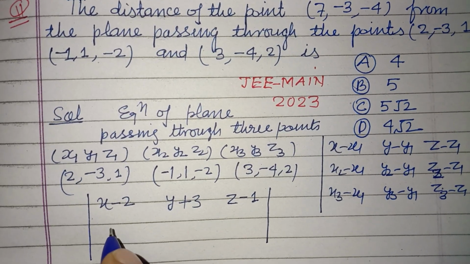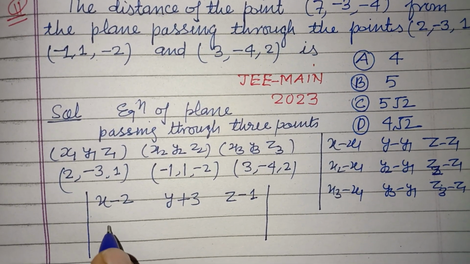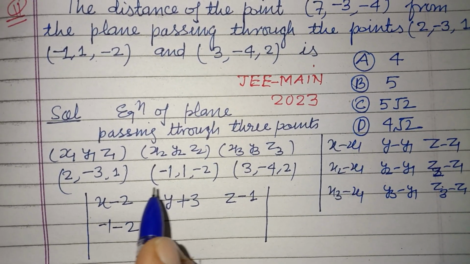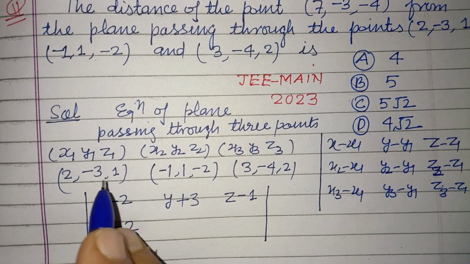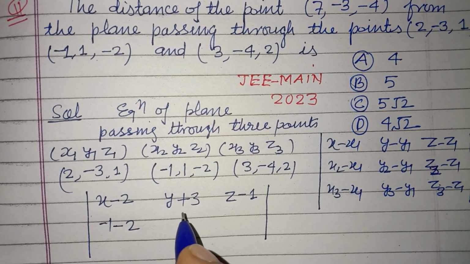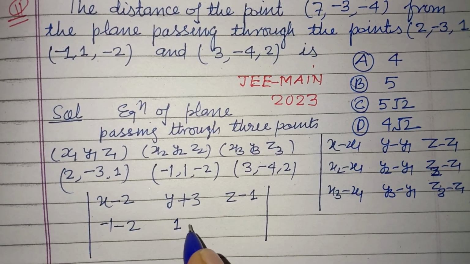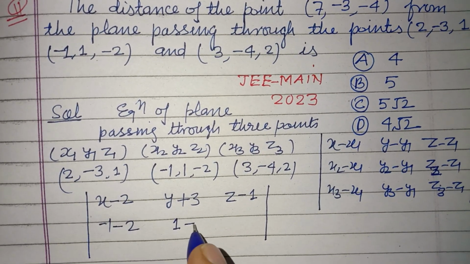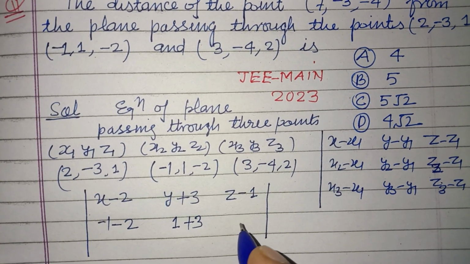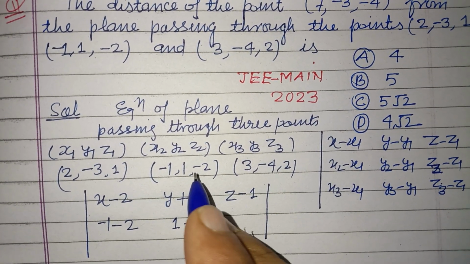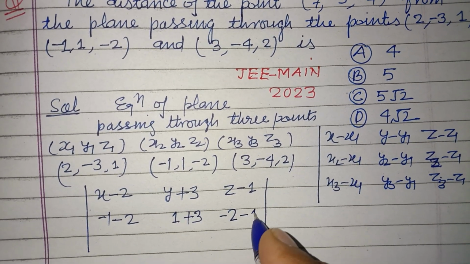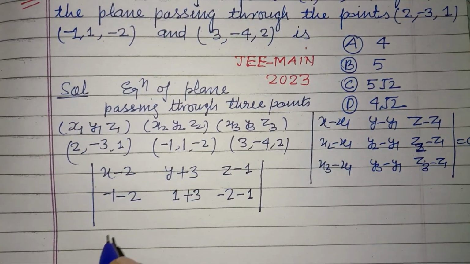Now x2 minus x1, x2 is minus 1, x1 is 2; y2 minus y1, y2 is 1 and y1 is minus 3, so this will become plus; z2 minus z1, z2 is minus 2 and z1 is 1.